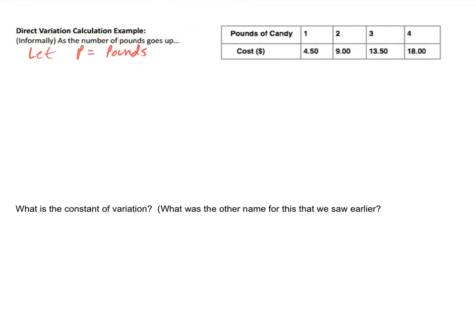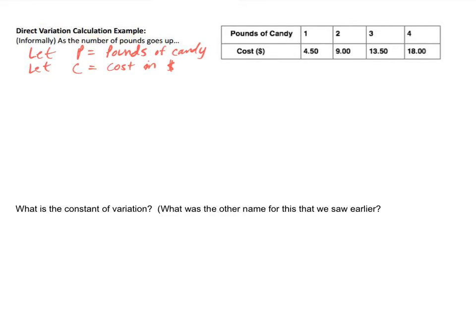So every time I incorporate this letter P, it is representing some amount of pounds of candy. And I also want to let C equal the cost in dollars. So again, when I'm talking about the cost in general, I can use C, and that represents some amount of cost.